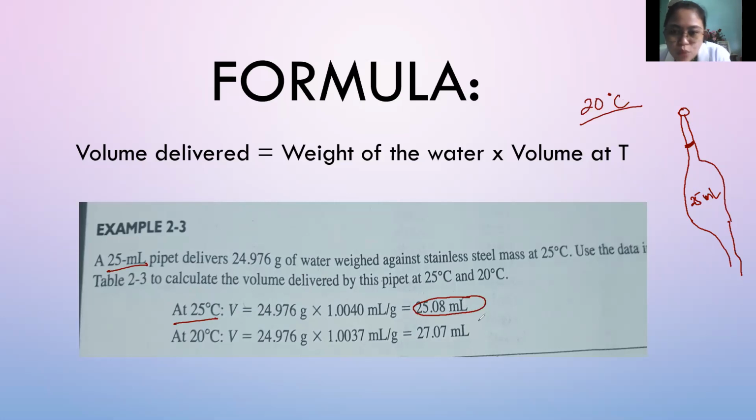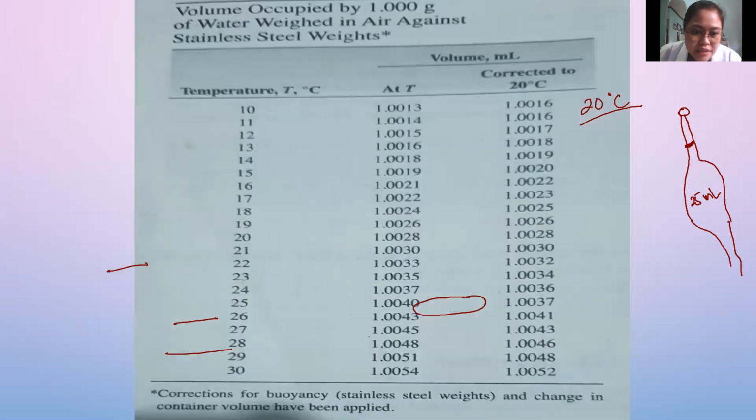ml. Now, what if the liquid you are measuring is at 20 degrees Celsius? So you go back to the table, class.